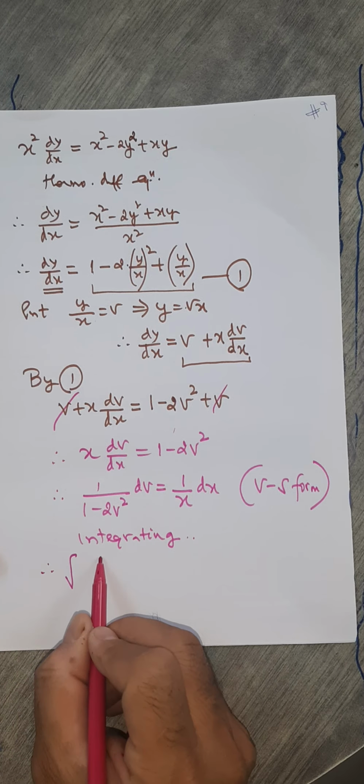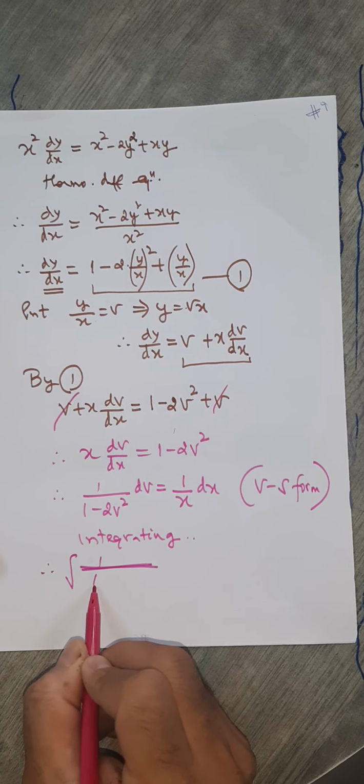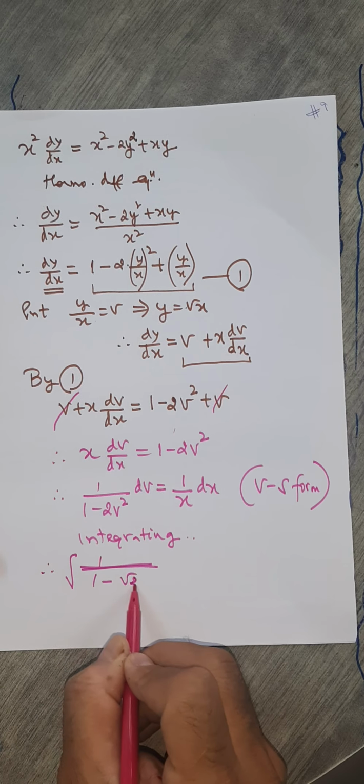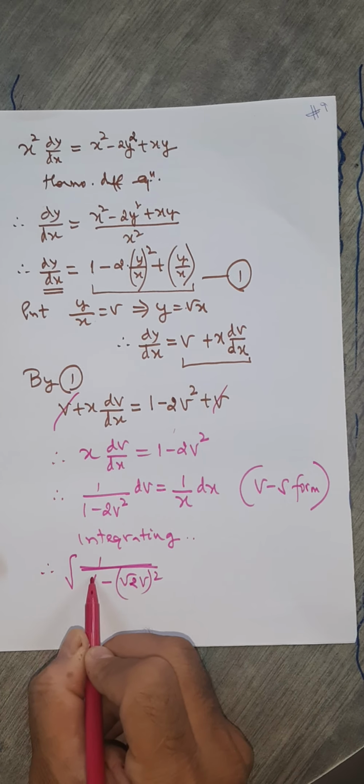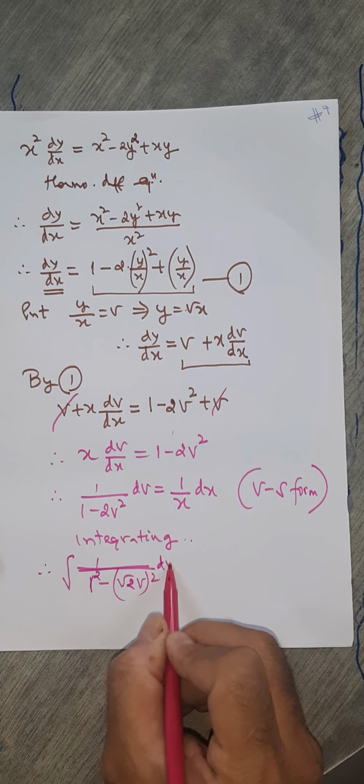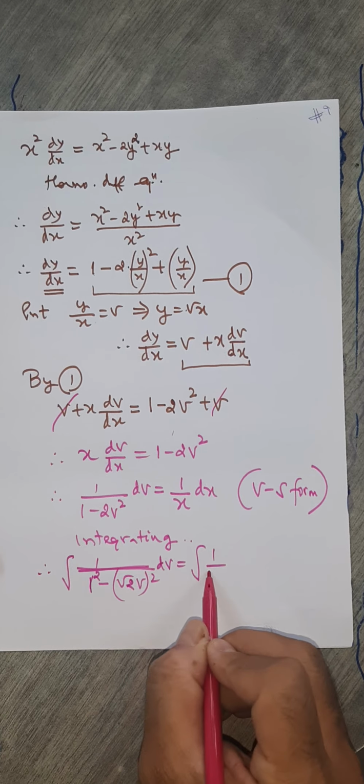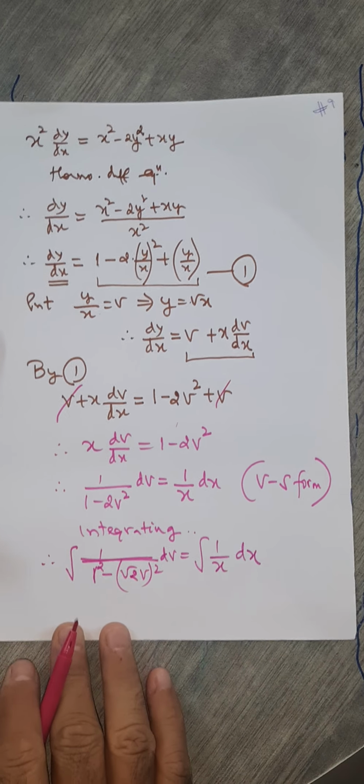Just I'll show you. 1/(1 − (√2 v)²), this is 1², equals, over here, the integral of 1/x.